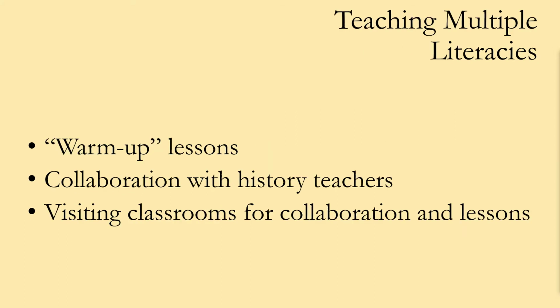So the next section is teaching multiple literacies. In the elementary level, the SLT would focus on warm-up lessons where students would spend maybe 5 or 10 minutes looking up their daily word in the dictionary. Then they move on to the official lesson, which would either be their essays or the hands-on project that they had to do.